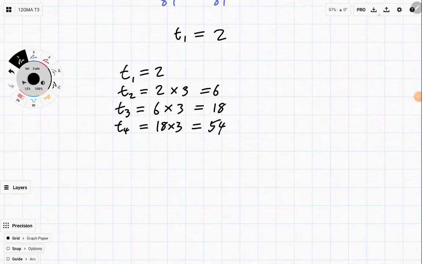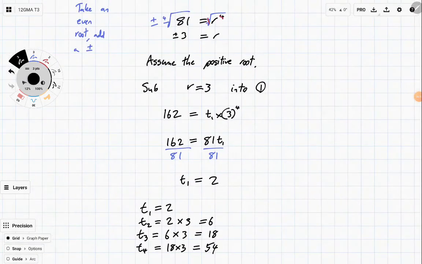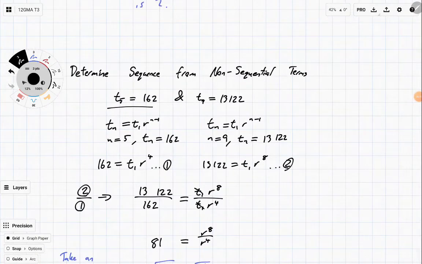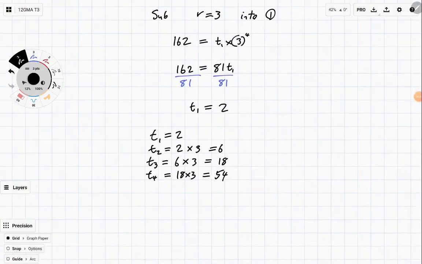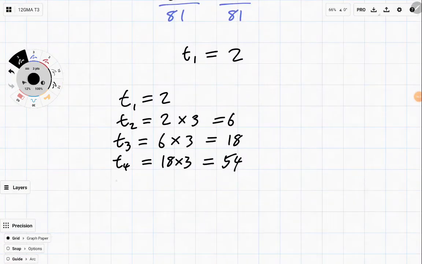And you could repeat this, right? Because we knew right at the very beginning that T5 was 162. And indeed, T5 is 54 times 3, which is 162. So we have worked out the sequence, which worked.